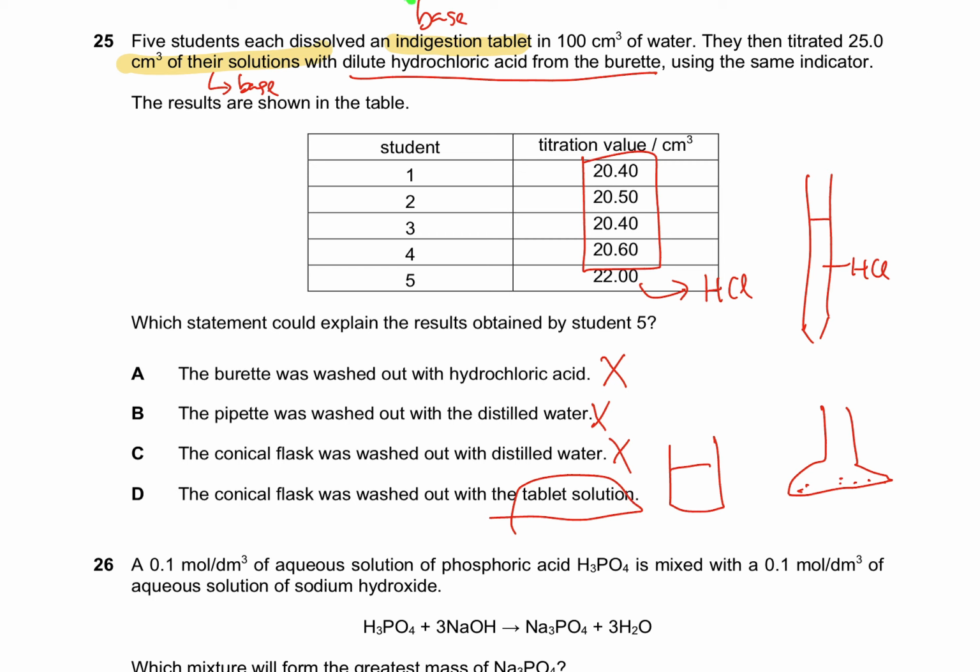No. I will still take my pipette and transfer 25 cm³. But this is 25 cm³ plus the droplets of tablet solution that's left behind. So that means now I'll have a lot more base than usual. And when that happens, the HCl used will be a lot more. So that's why if I wash the conical flask with tablet solution, the volume of HCl needed will increase by a lot. Right?